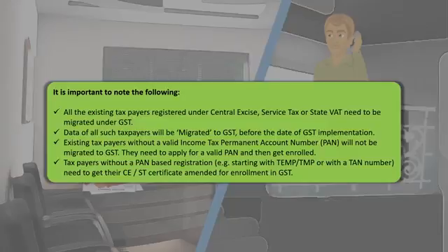Existing taxpayers without a valid PAN will not be migrated to GST. Taxpayers without a PAN-based registration, for example, starting with TEMP or TMP or with the TAN number, need to get their Central Excise or Service Tax certificate amended for enrollment in GST.